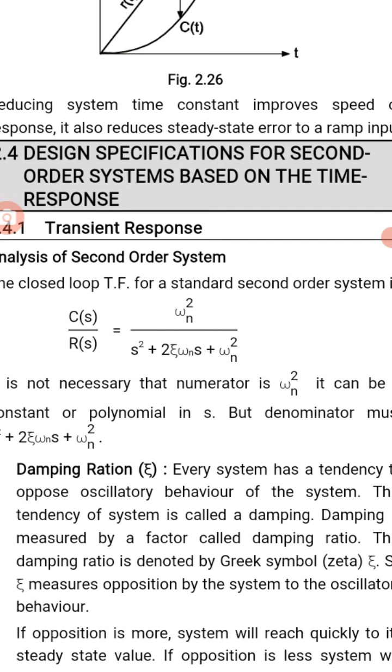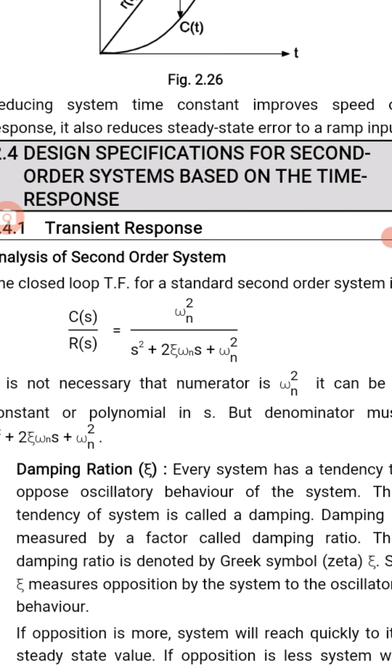Or let us say RC phase shift using op-amp, or RC phase shift using operational amplifier. If there are two resistors and two capacitors, that system becomes a second order system. In the denominator, you will find s plus pole p1 and s plus pole p2.